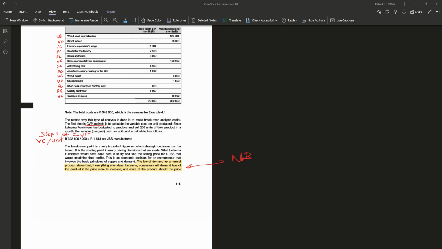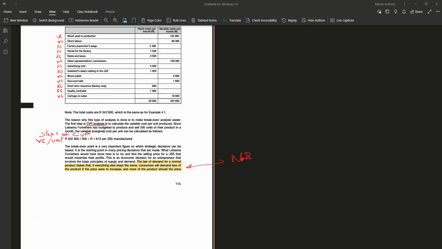It is the starting point in many pricing decisions that are made. So what this company would have done here is to try to find the selling price for the JSS that would maximize the profit of the company.